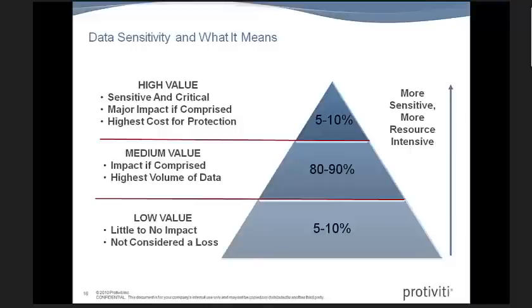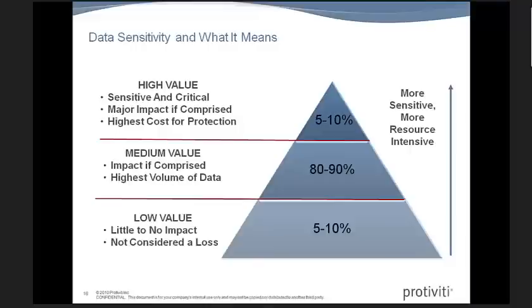When it's compromised, there's a major impact to the organization, and there's a need to protect it at the highest cost. Secondly, coming down from that, in the middle, this is where most organizations have a lot of their information. It's considered medium value, 80 to 90%. This is where most of you do your work, right? The impact of that information, if compromised, has some significance, but not as much as high value, and this is where your highest volume of data resides.